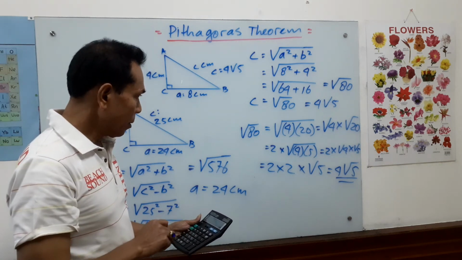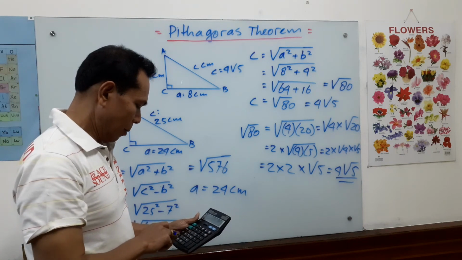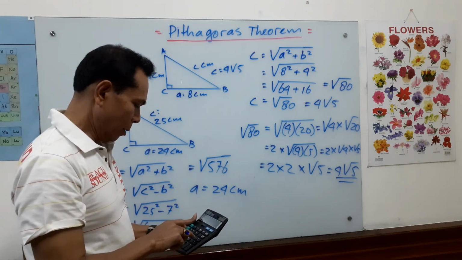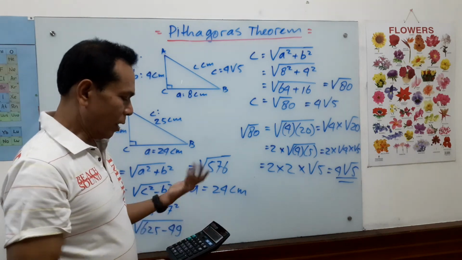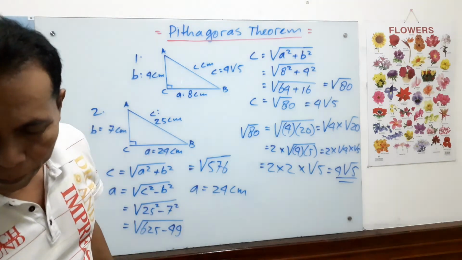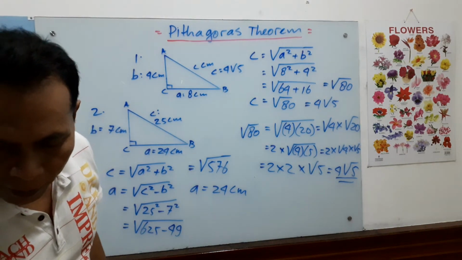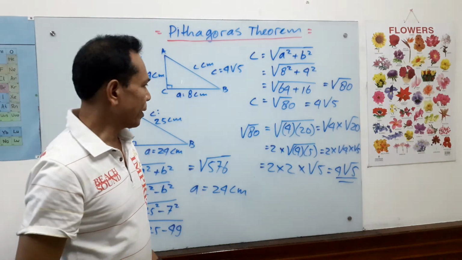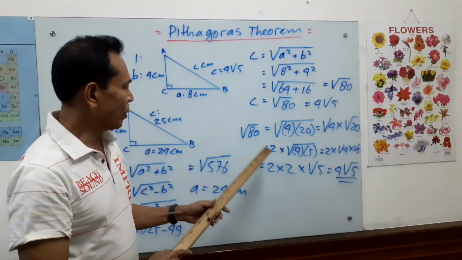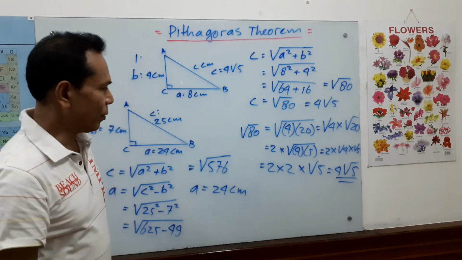Yeah, they give 8.9 something. But this is the way how we work it manually. So that's square root 80, we got 4 square root 5.